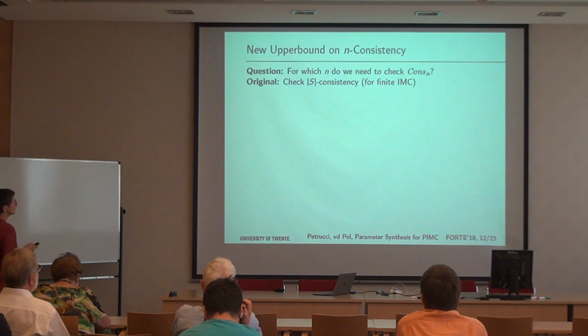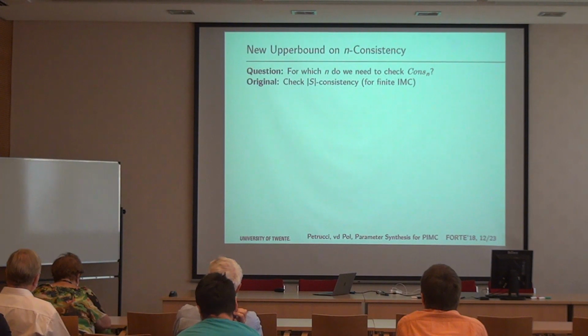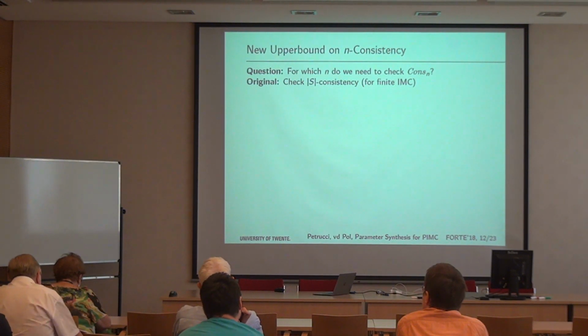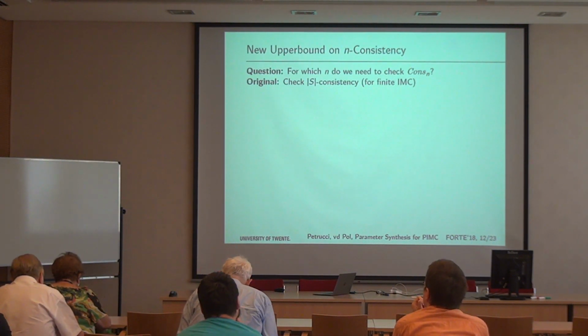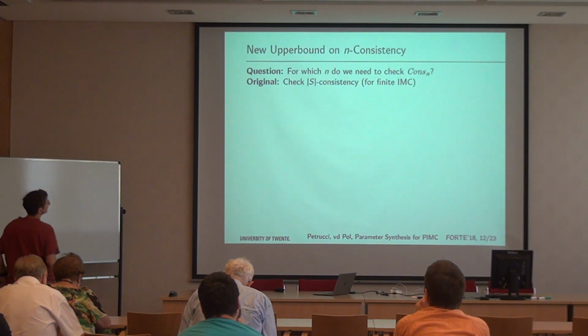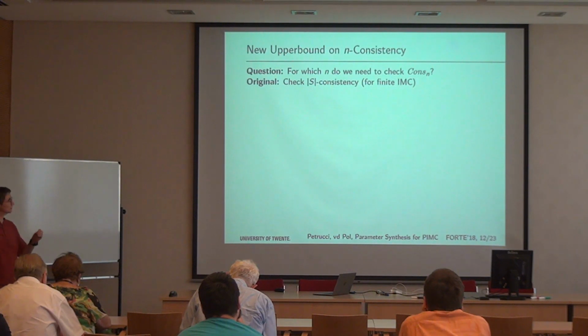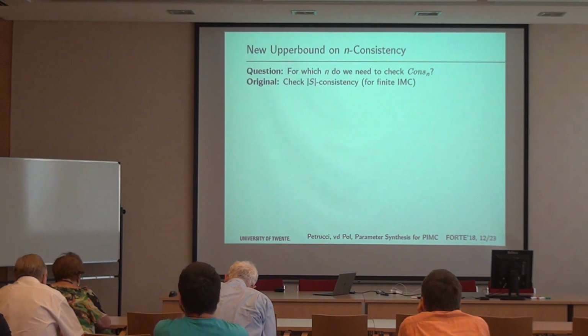Originally, in the paper by Verheyen and myself, there was an obvious result saying we have to look at the size of states, because you always look at the successors, so you can do it as many times as there are possible successors, of course for a finite interval Markov chain.